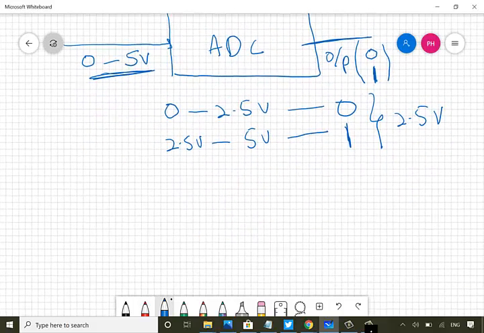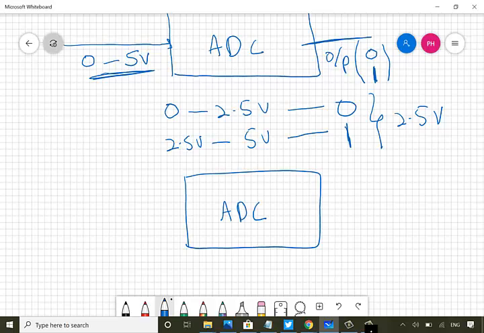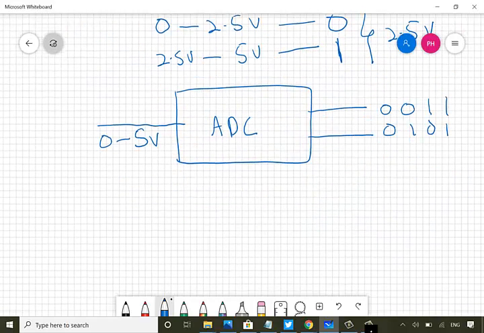But if we have the same ADC, but now it is a 2-bit resolution ADC, that means the input voltage ranging from 0 to 5 volts will be represented using 2 bits. So we will be having 4 different states, 00, 01, 10, 11. So step size will decrease.